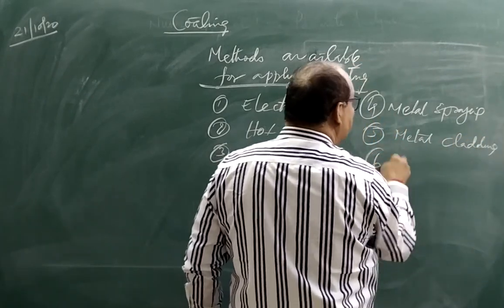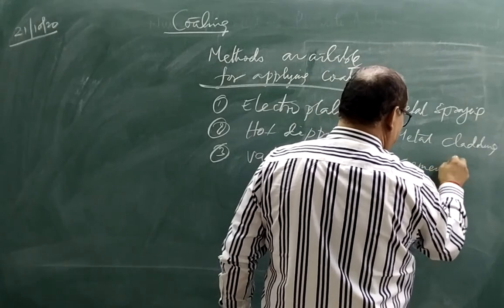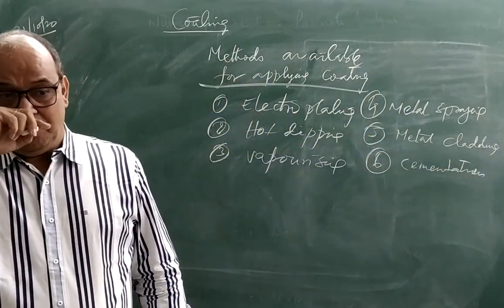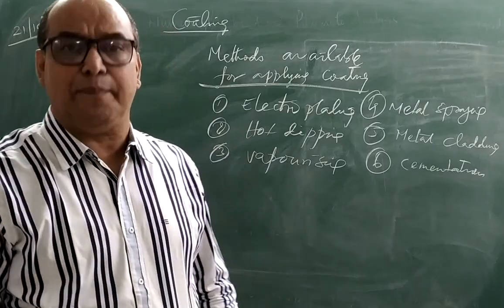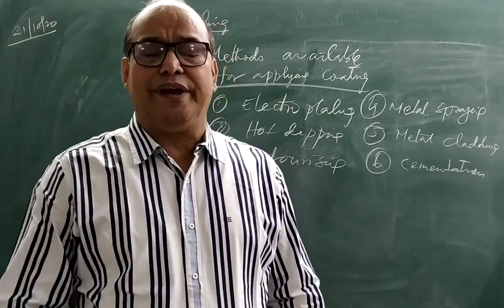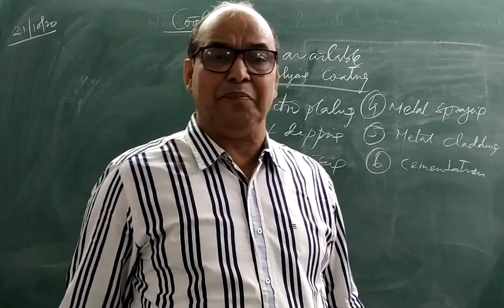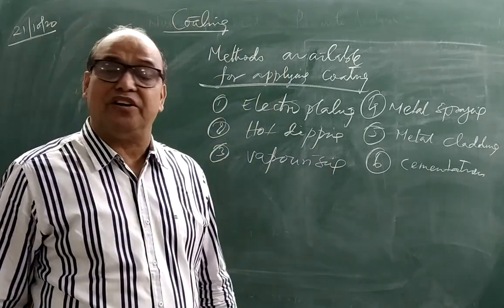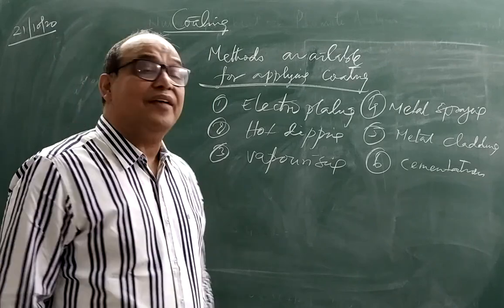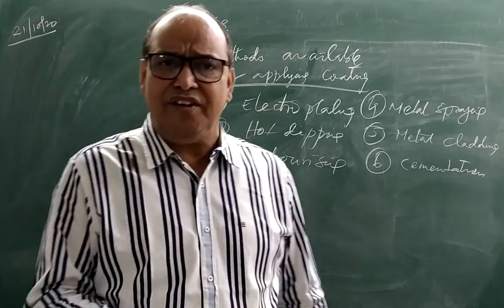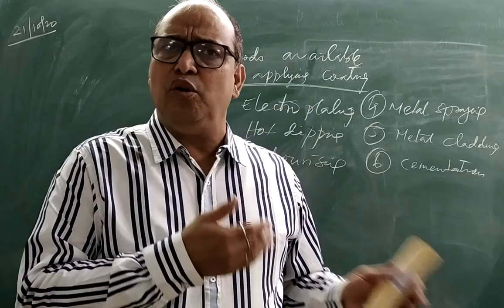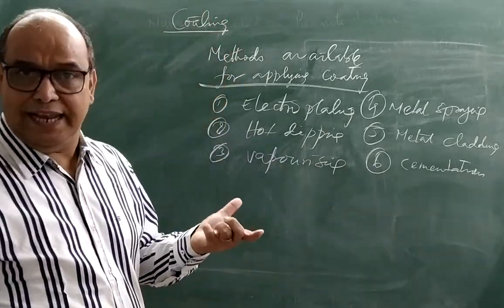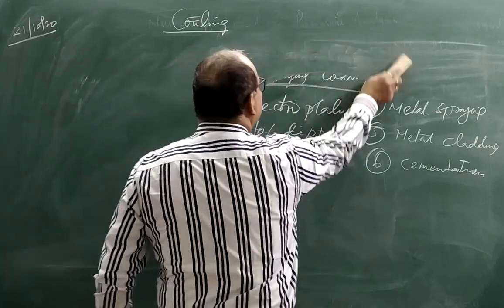And number six, cementation. These are the six most important approaches using which we can apply coating on the base metal: electroplating, hot dipping, vaporizing, metal spraying, metal cladding and cementation. Each of them will be discussed, some in detail and some in brief. Let us today start with electroplating.